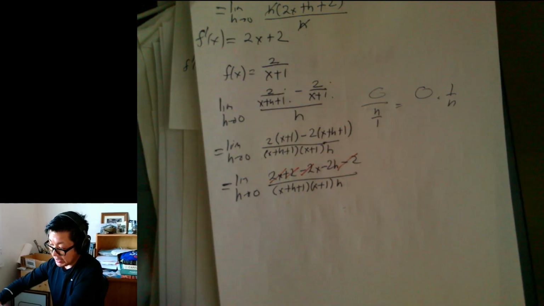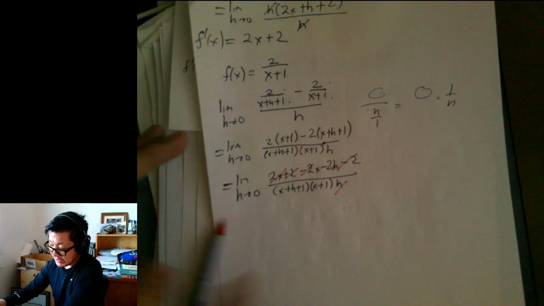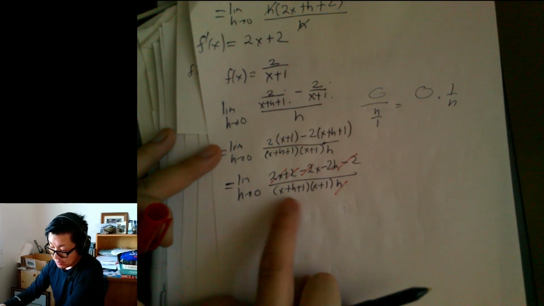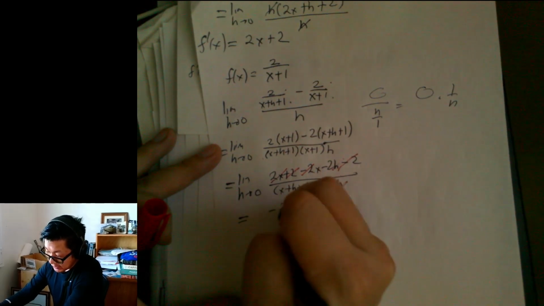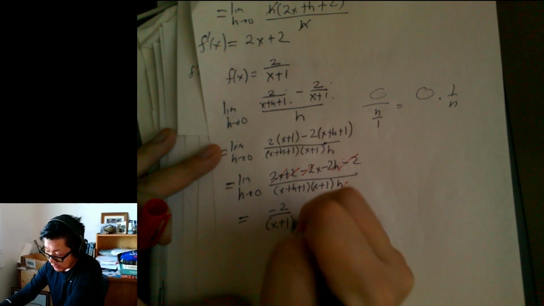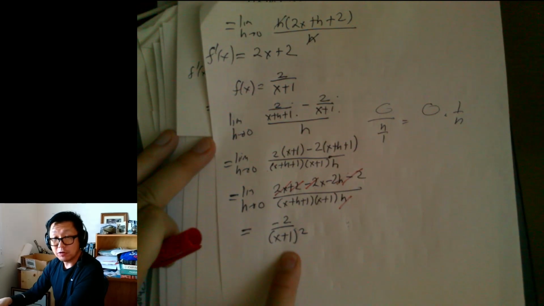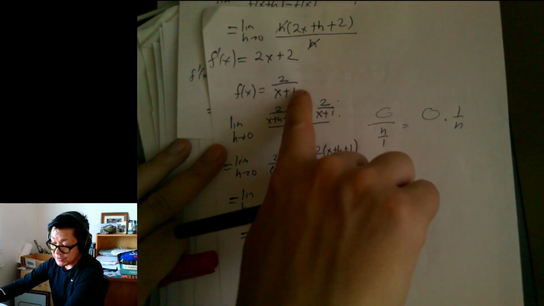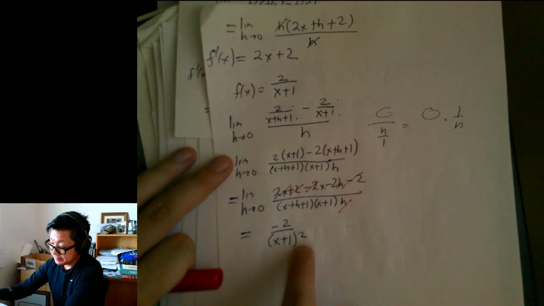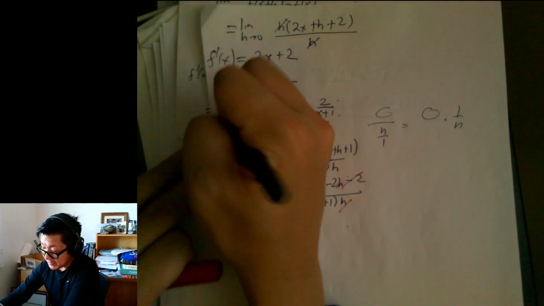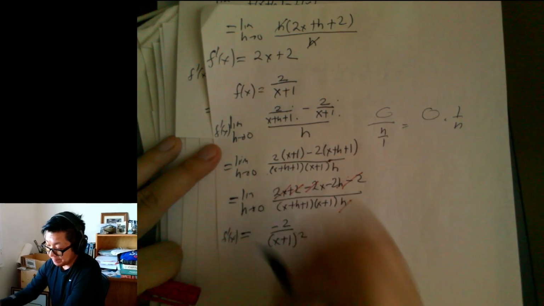We can cancel that h. Now when we let h equal 0, that's going to be an x plus 1, that's going to be an x plus 1. We are left with negative 2 over x plus 1 squared. And again, if you know your derivative shortcut rules, that is the derivative of f of x here. So I should have labeled this f prime of x, and this is f prime of x, indicating this is the first derivative.